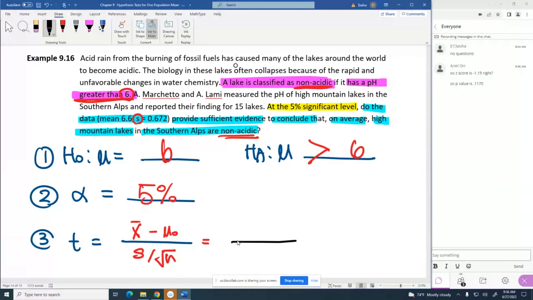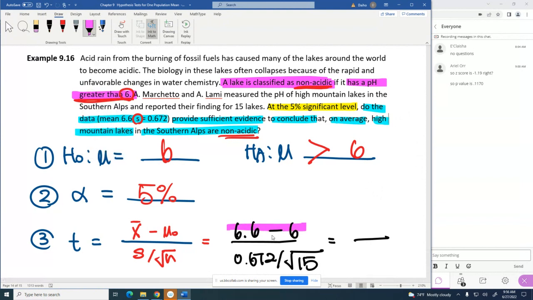So what is the sample average from the 15 lakes? 6.6 pH on average minus the setting value 6, and S was 0.672, and the sample size is 15 lakes. Again, I suggest you take the numerator and the denominator separately.